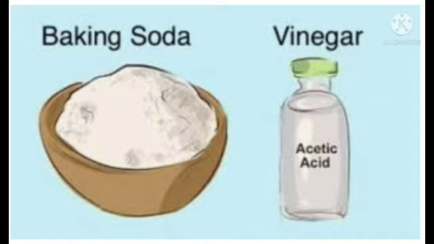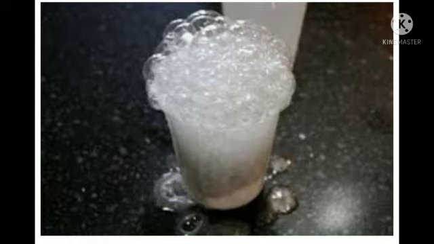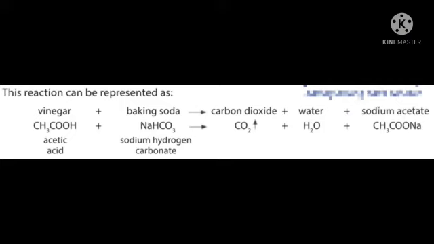So, we observe bubbles being formed due to the evolution of carbon dioxide gas. We can write the reaction as vinegar plus baking soda gives carbon dioxide plus water. Vinegar is acetic acid, CH3COOH.